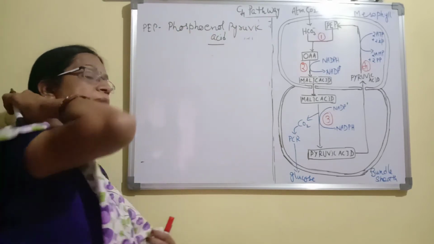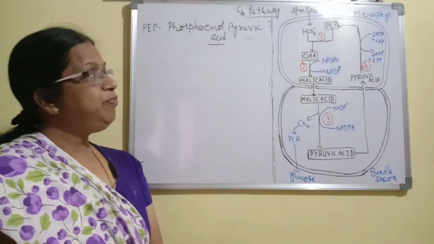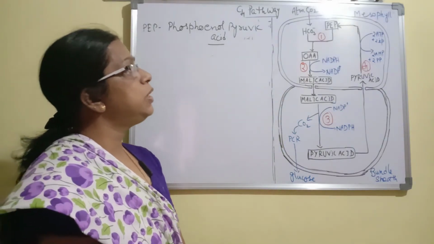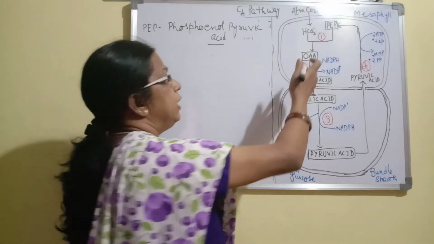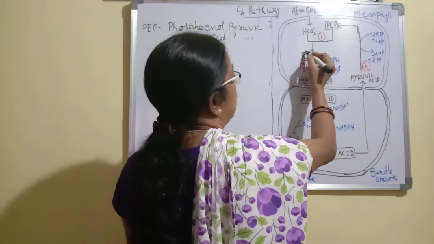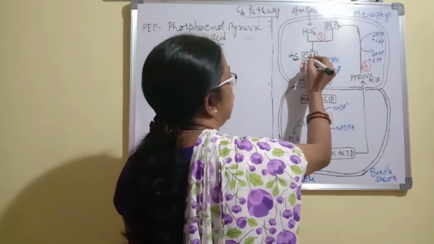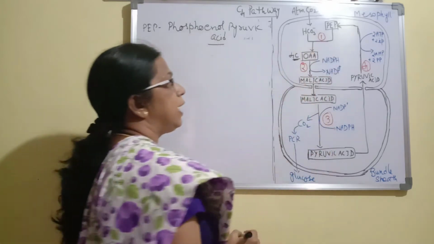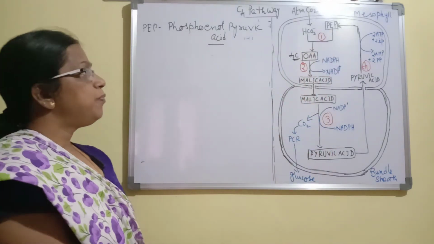This is the primary acceptor of carbon dioxide present in mesophyll cells. It accepts the carbon dioxide in the form of bicarbonate ion and then it is converted into a 4-carbon compound called oxaloacetic acid, OAA.